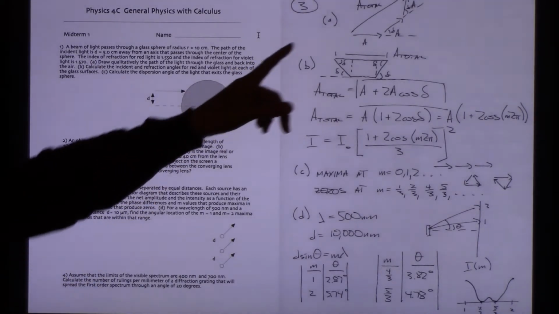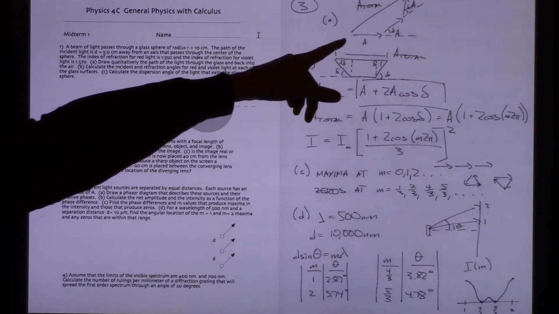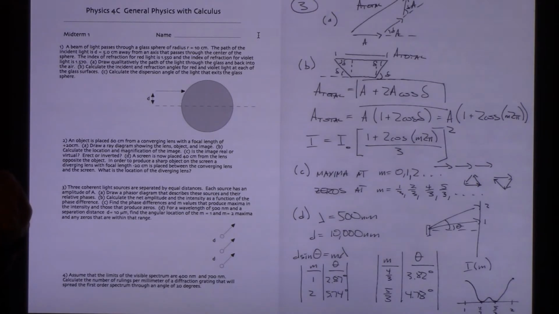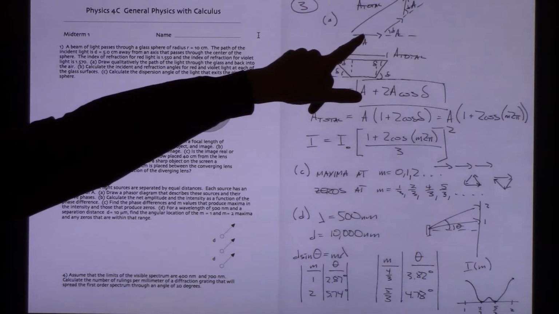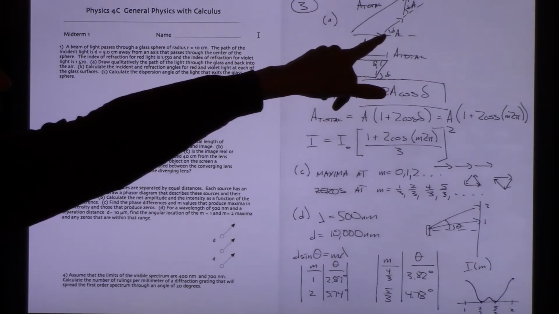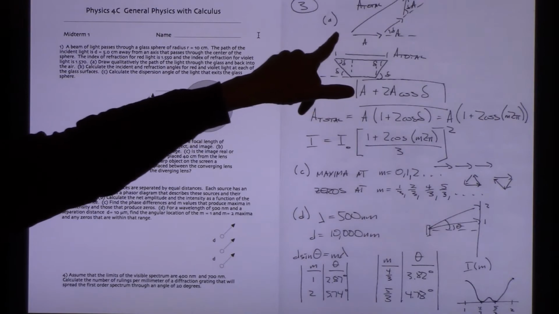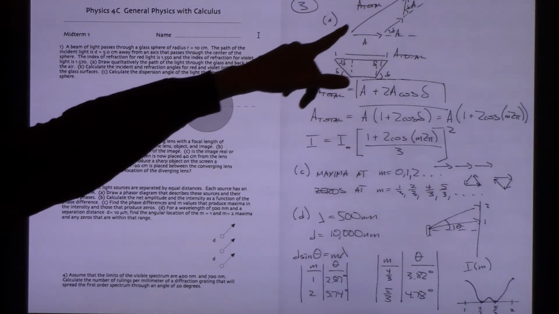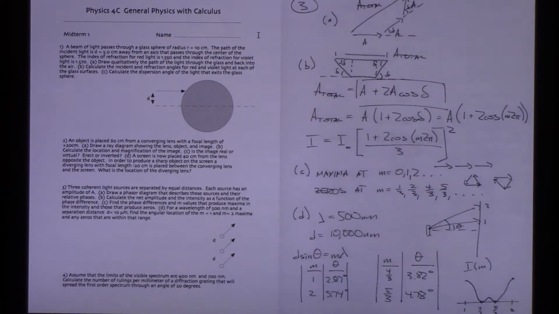So first of all, it says draw a diagram of the phasor diagram. Draw the phasor diagram and show the sources and relative phases. And so what I've got is A, and A, and there are my relative phases, delta and delta, and the A total will be the total of those distances with the phase angles included.